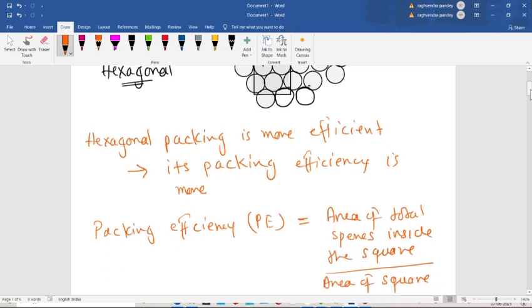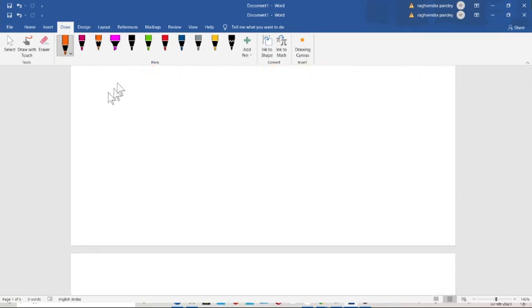So in nature, 99% is hexagonal 2D arrangement.